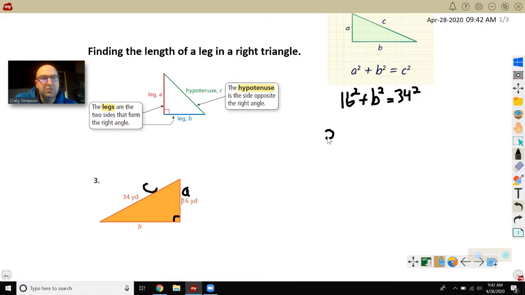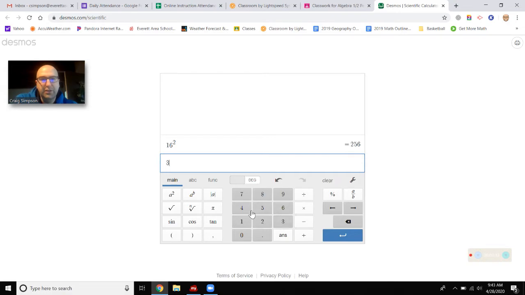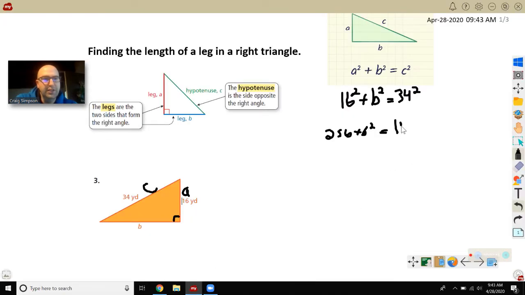So I have 256 plus b squared equals, I've got to figure out what 34 squared is now. 34 squared gives me 1,156.